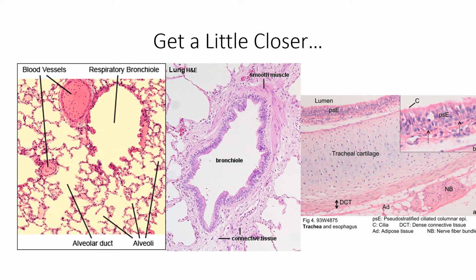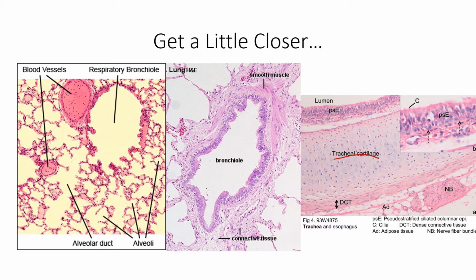So getting a little bit closer, we can see a few things that might look a little bit familiar from one of our very first lectures, and that is what all these structures actually look like if they've been dyed with this nice purple dye and sliced very, very thin.